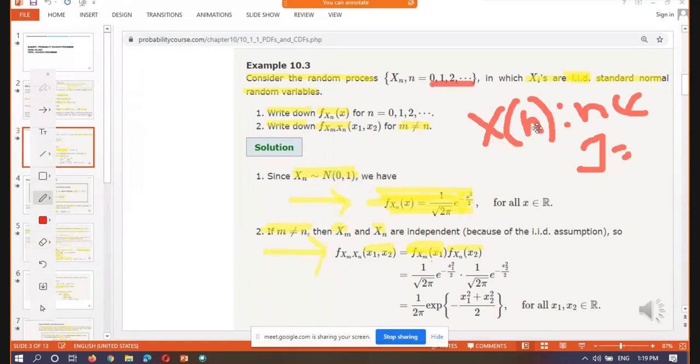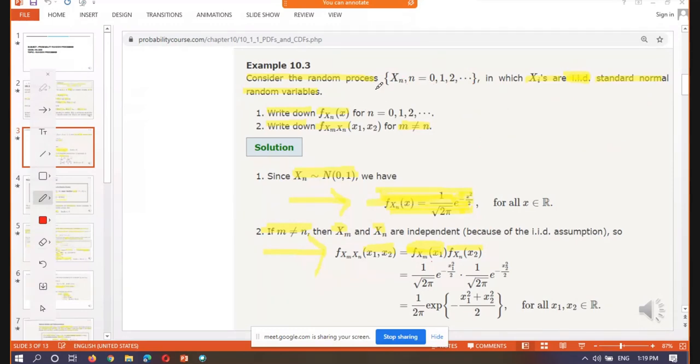So instead of writing this n above, I write n in the suffix, and you understood that this is a discrete time random process where n is moving from 0, 1, 2 up to infinity. So this is the information given here.